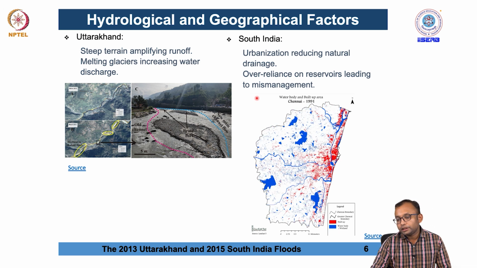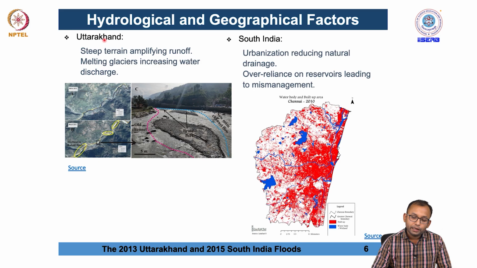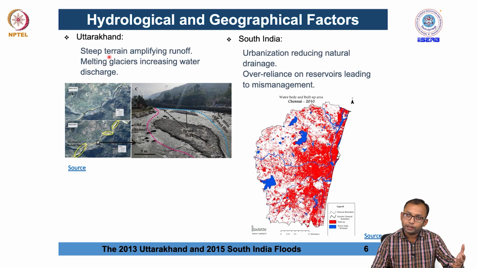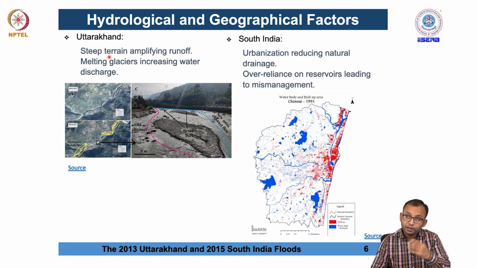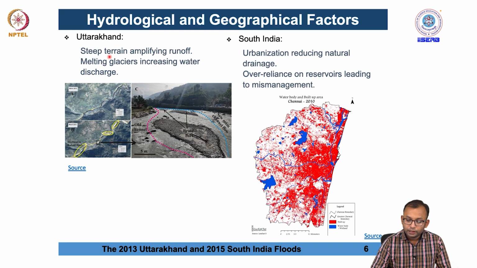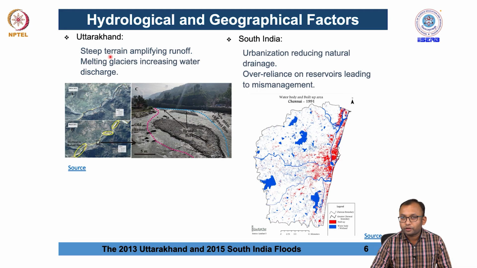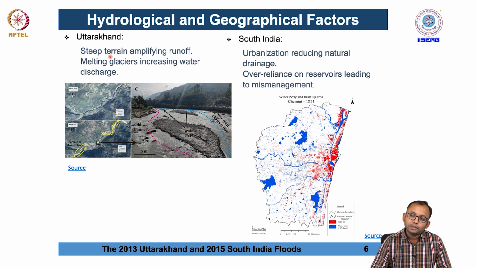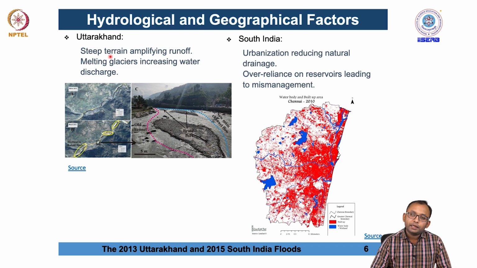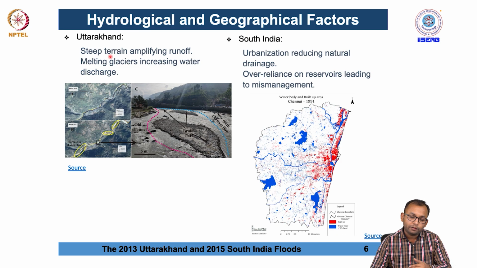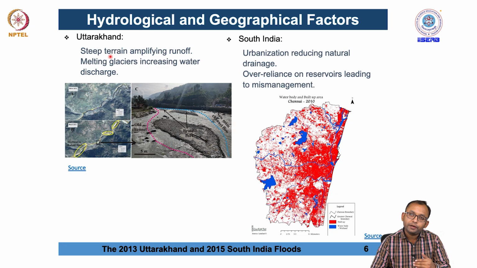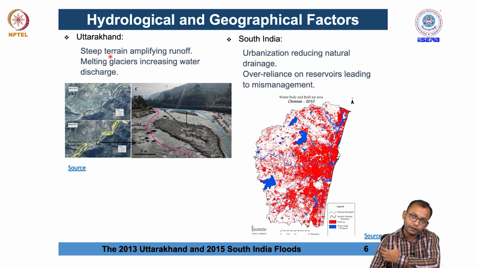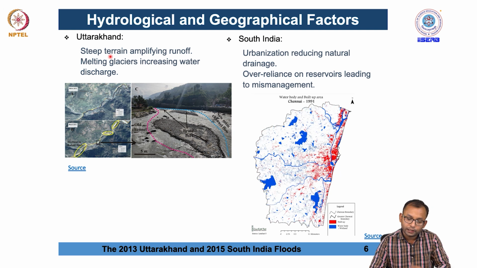What are the hydrological and geographical factors? In Uttarakhand, we have very steep terrain because it is situated in the mountainous Himalayan region, which amplifies the runoff. In the beginning, we talked about deforestation. When we remove the forest cover from a region and a flood event occurs, the flood will have a much higher velocity because there is no resistance from tree trunks in the flood path.